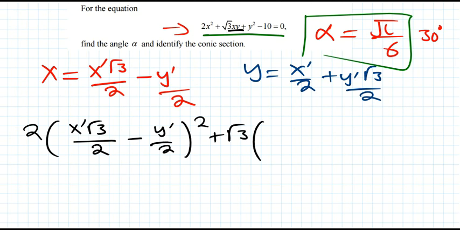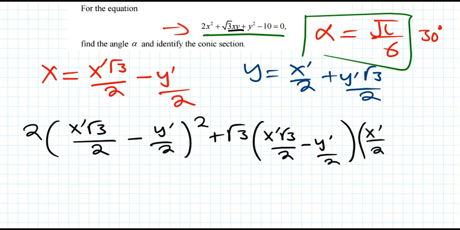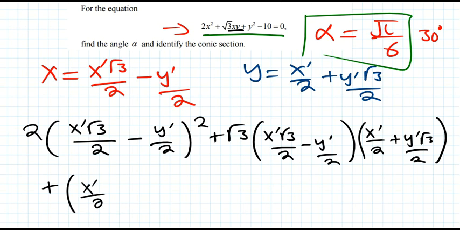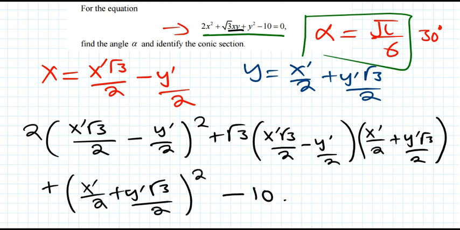Our x is x prime root of 3 over 2 minus y prime over 2, and our y is x prime over 2 plus y prime root 3 over 2, and after that we have plus y squared. Our y is x prime over 2 plus y prime root 3 over 2 squared, and then minus a constant 10. This is equal to 0. So we've substituted the x and the y values in that equation.